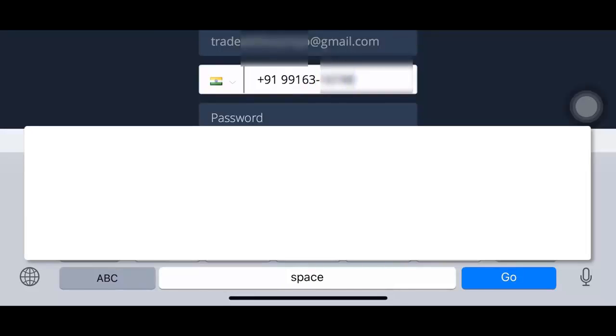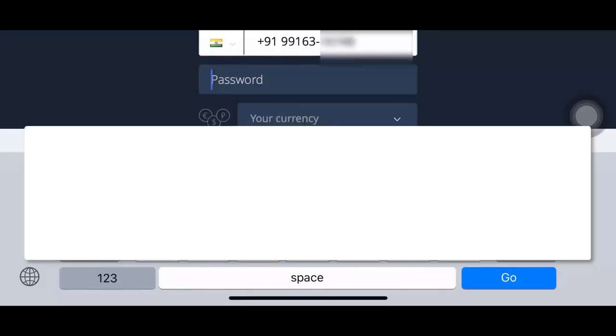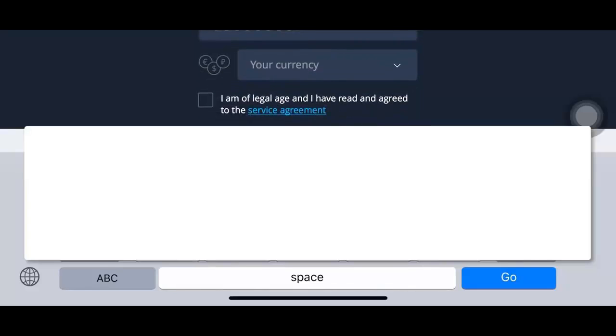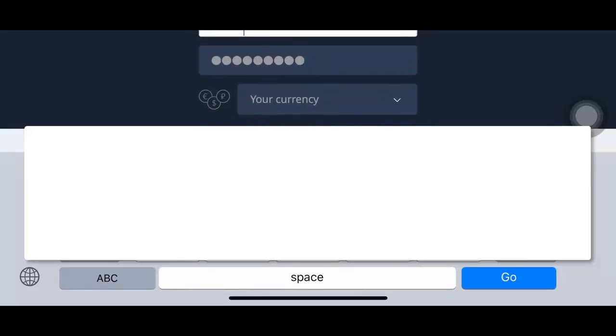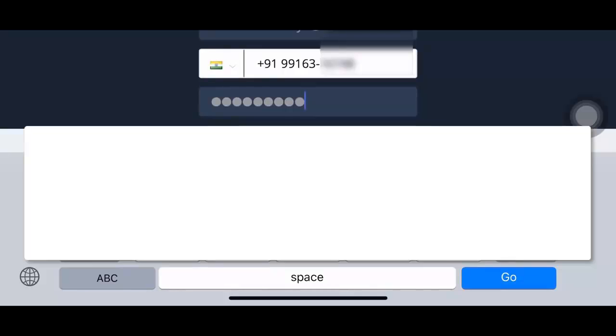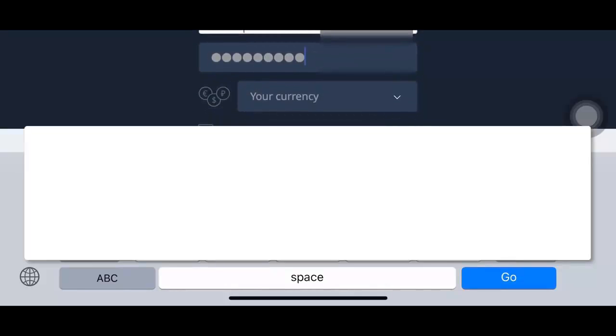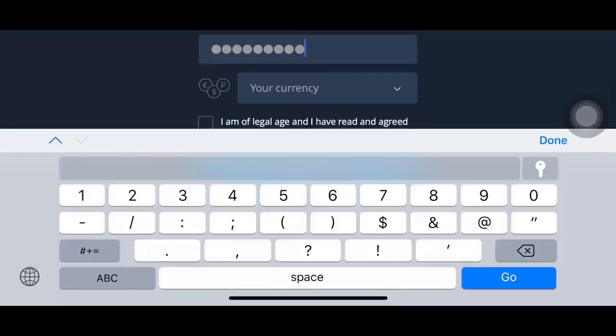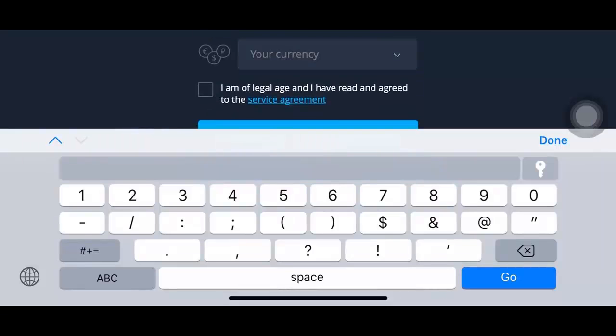So this is what it is, and next is the password. Make sure you guys choose something easy, something you can remember, so that you don't forget and don't need to recreate a new one. I believe everybody has their own protocol of setting passwords, so I followed my own. You guys can follow your own. Make sure you don't forget it, and then we choose the currency.